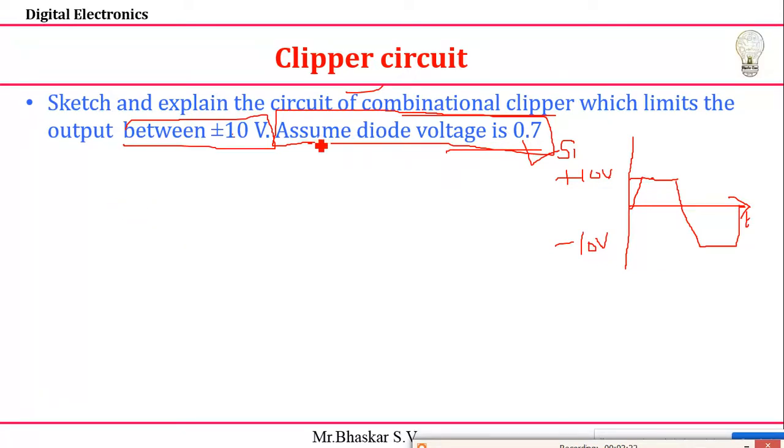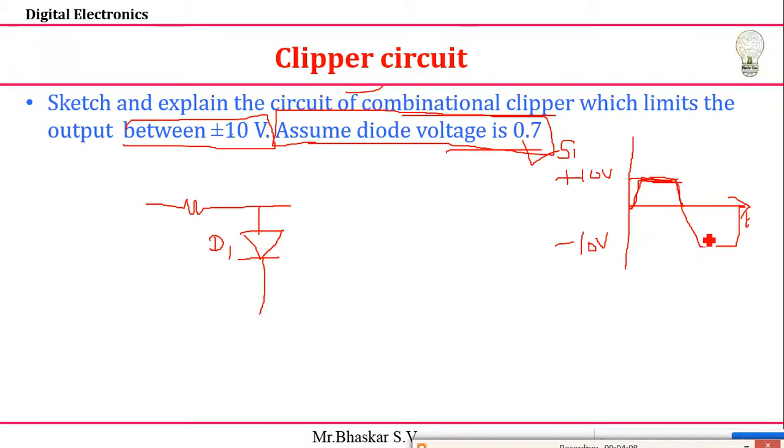First I want to get the plus 10 volts. We already discussed this in the last class. For the circuit diagram, I should have one input resistance, and for a positive clipper I first connect the anode, and later write the cathode. This diode I'm going to call D1.